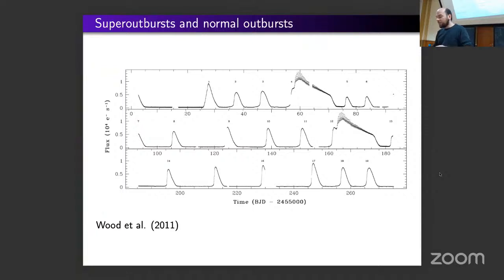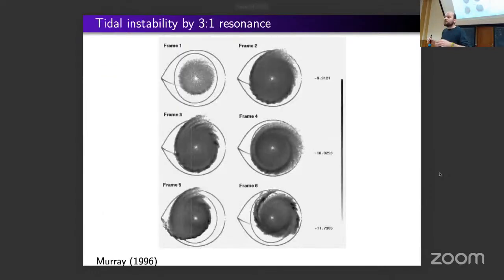Also, what is similar is you can see why there are super outbursts. Let me first explain. So here are normal outbursts and big super outbursts. Super outbursts happen because with each dwarf nova outburst, the disk is a bit bigger. And when we have super outbursts, it reaches the 3-to-1 resonance distance.